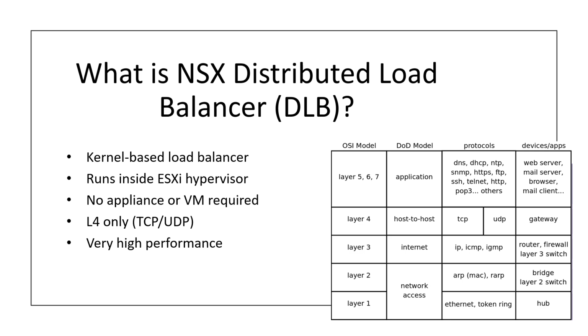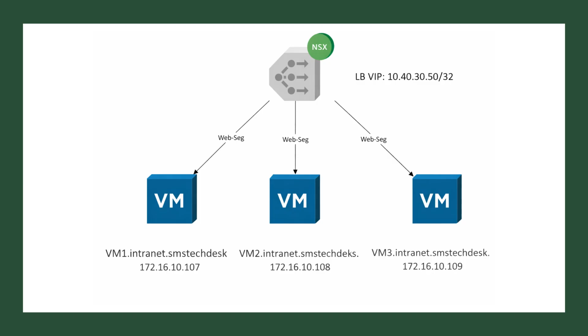I'll give you an example so that you can understand this in a better way. Assume you have three backend VMs running the same application, VM1, VM2, VM3. All three are listening on TCP port 8080. Now a client VM sends traffic to a virtual IP. The traffic will be passed to these three VMs using a backend algorithm.